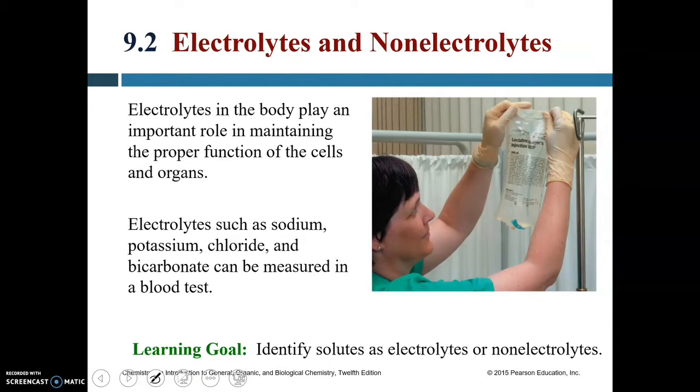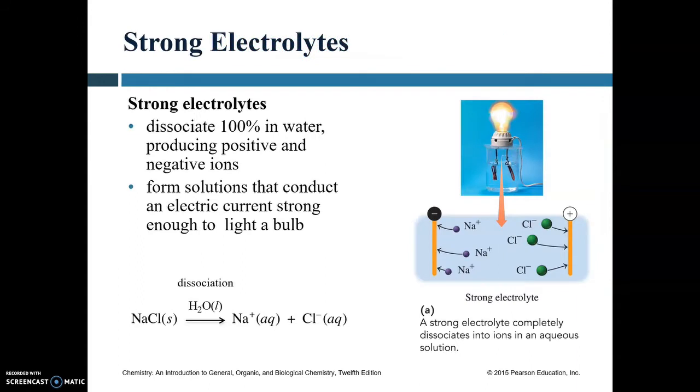Now, solutions are inextricably associated with the concept of electrolytes. Electrolytes are crucially important for proper functioning of the human body. Electrolytes such as sodium, potassium, chloride, and bicarbonate are present in the blood and extracellular fluid. Strong electrolytes are compounds, usually ionic compounds, that when dissolved in water, completely dissociate, producing positive and negative ions.